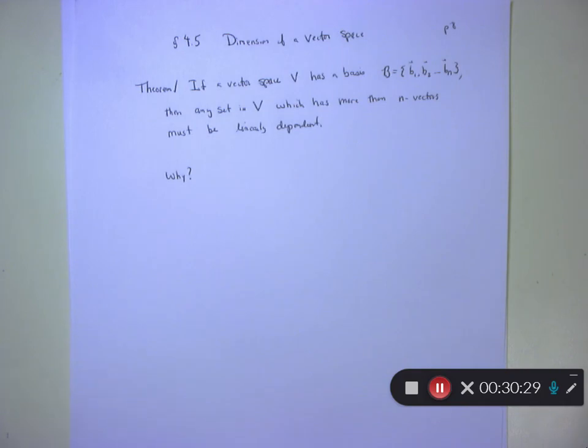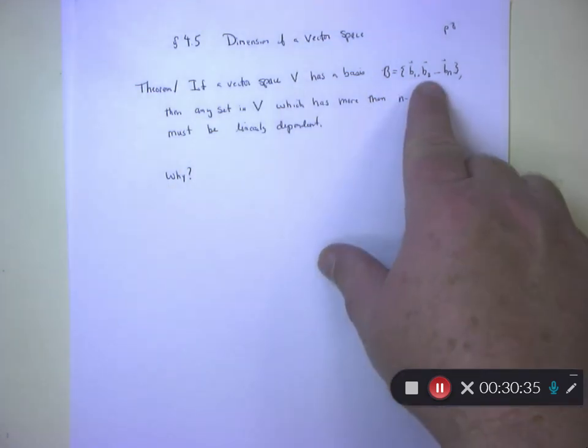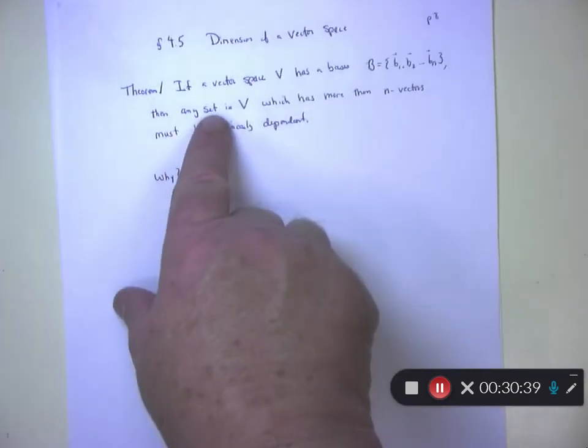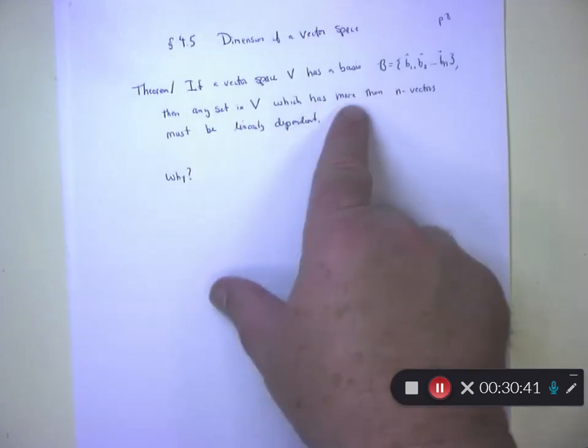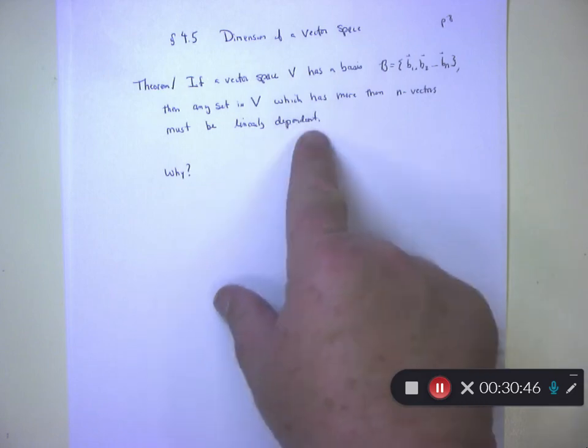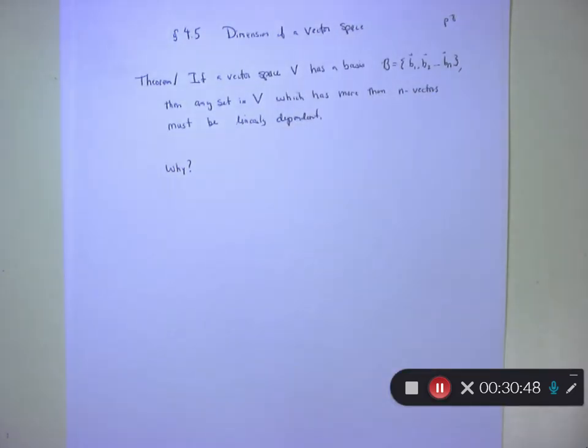Theorem. If a vector space V has a basis B1, B2, B3, out to Bn, then any set in V which has more than n vectors must be linearly independent. Big theorem.